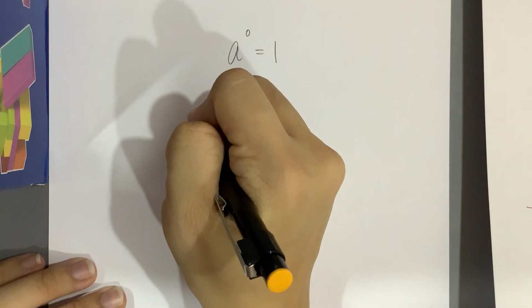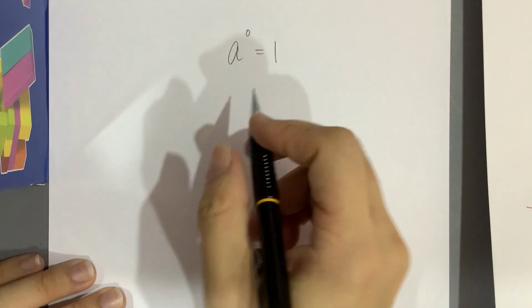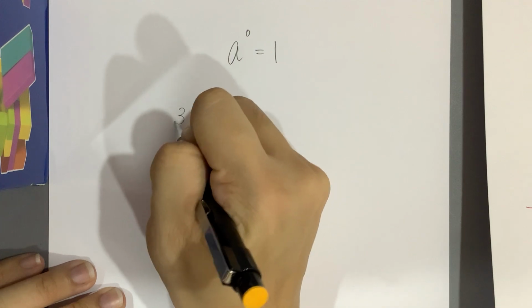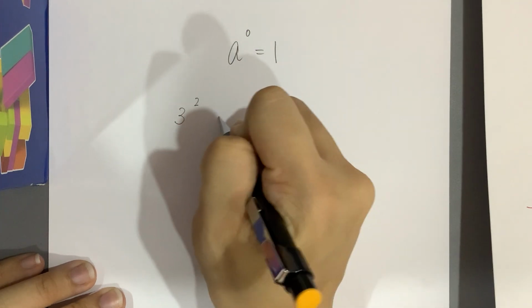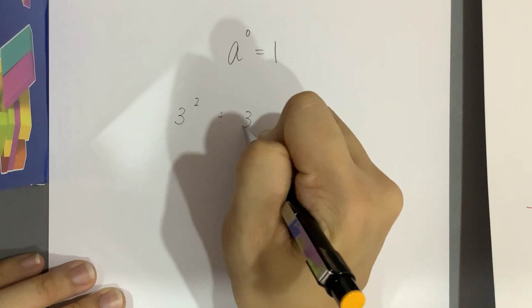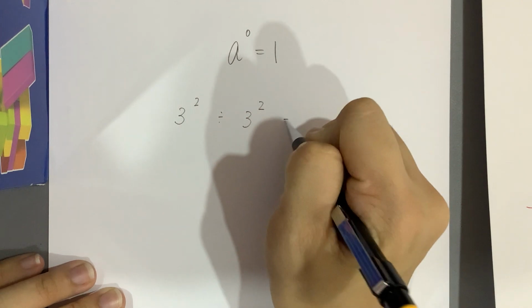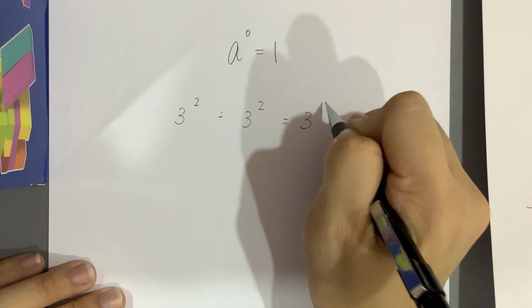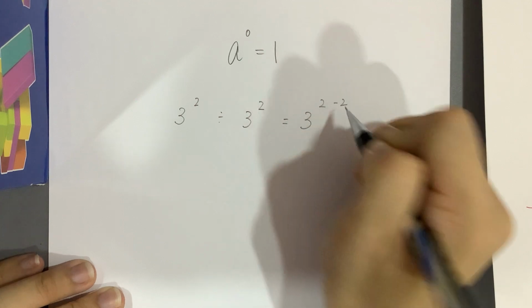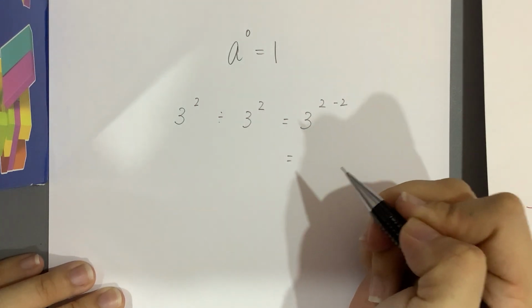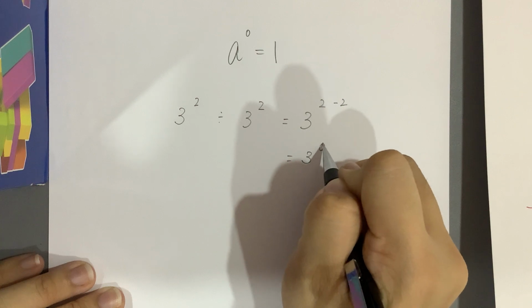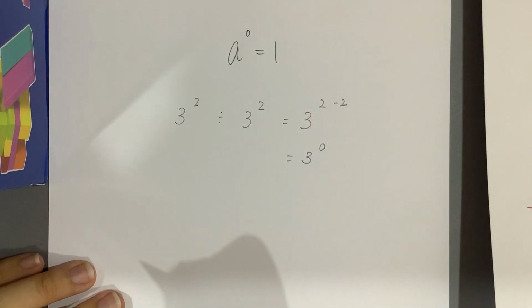Same base, power minus. So if I have 3 to the power of 2 divided by 3 to the power of 2, can I say that it's 3 to the power of 2 minus 2? So 2 minus 2 equals 0. So the power will be 0.